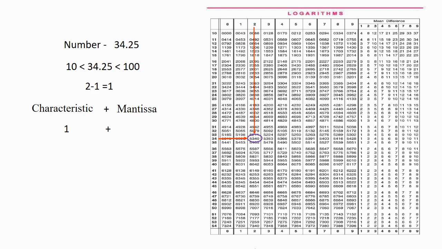I have to observe that digit 5 in the very last part of the logarithm table, that is the mean difference part. Under the fifth column of the mean difference I get 6. So I add 5340 plus 6, and the value comes out to be 0.5346. When I add the characteristic, I have a log value of 1.5346.